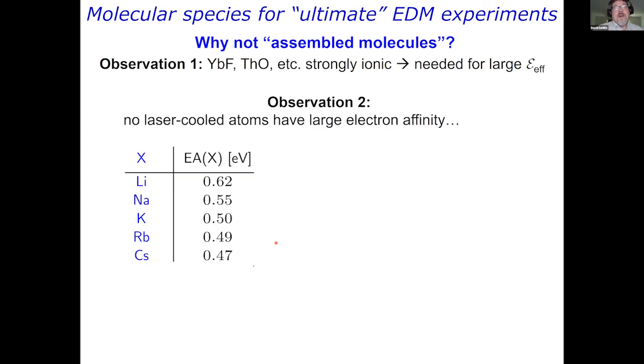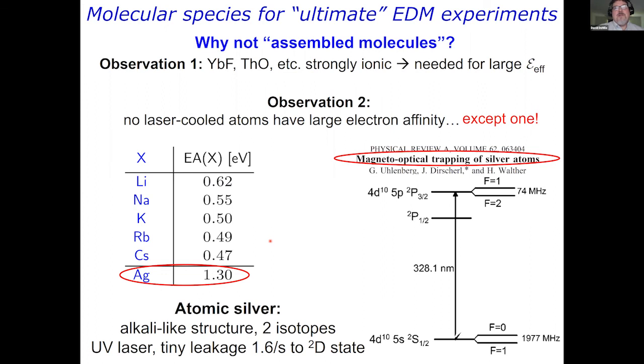And it's hard to find a laser coolable atom that you can assemble into a molecule that would make a strong ionic bond, except for one, which is the silver atom. This was trapped and cooled over 20 years ago and then abandoned because there was not a strong motivation to do anything with it. But it's really an alkali-like atom that can be handled much like an alkali.